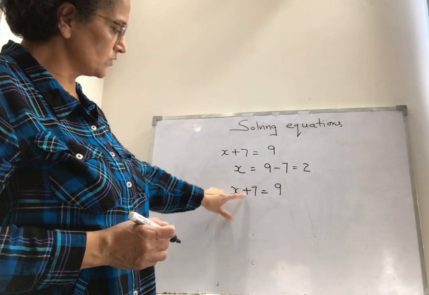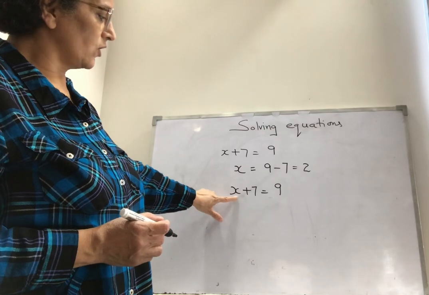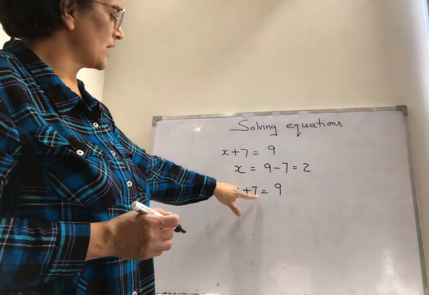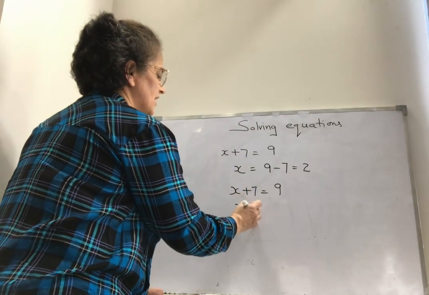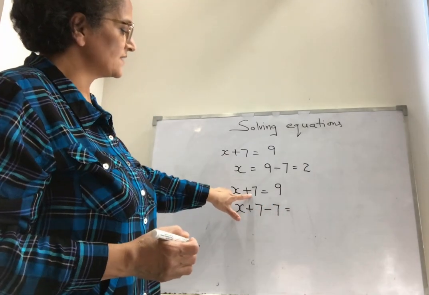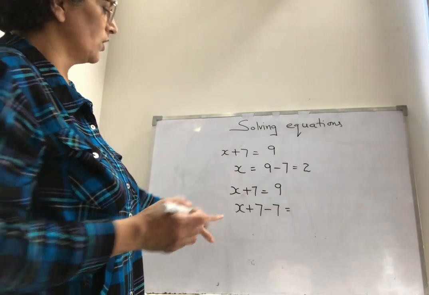Just now I told you, if you are finding value of x, it should be all alone on whatever side it is. This is on left hand side, so I have to remove plus 7. So how plus 7 can be removed? By subtracting 7. Plus 7 minus 7 gives me 0. So x will be all alone.